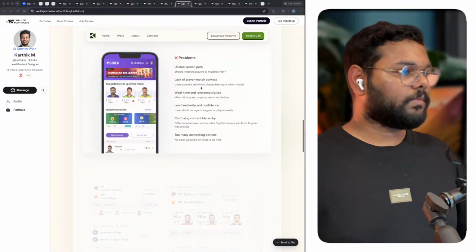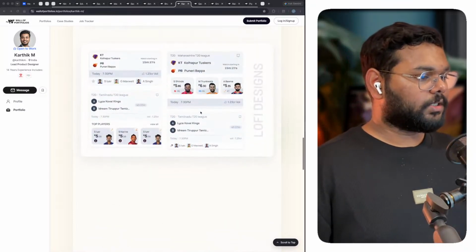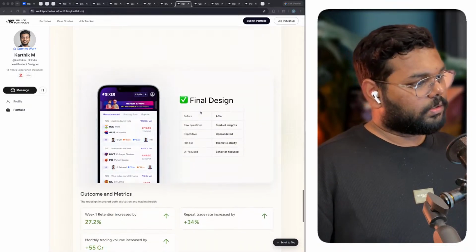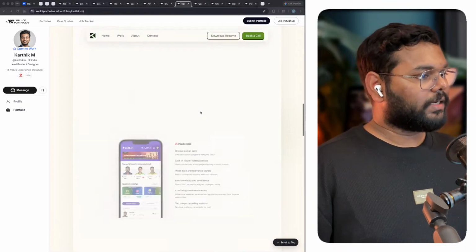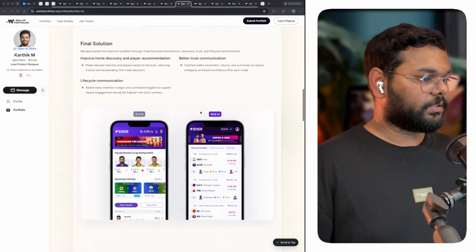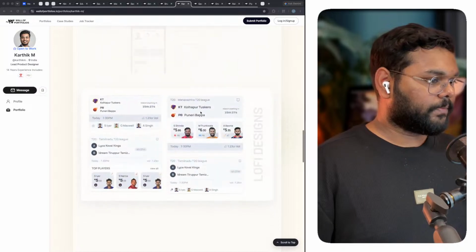If this problem and this solution, and the kind of research he did, right, and the validation of research.